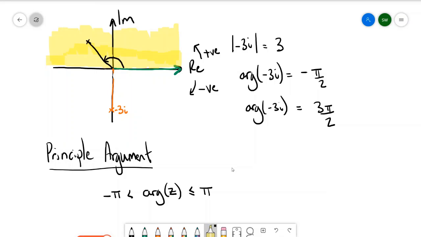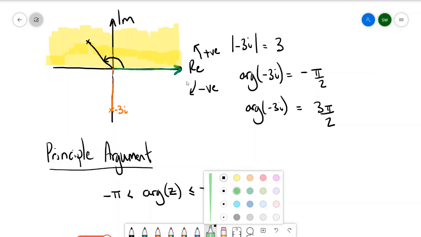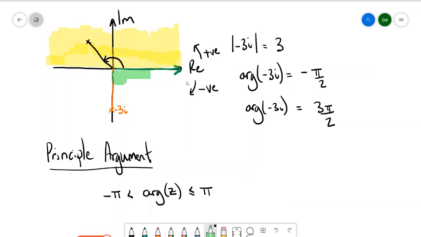With the negative argument, so less than 0 but greater than minus pi, what we're going to do is spin in the negative direction, but no more than pi. So we can get down here, or we can get into this quadrant too.